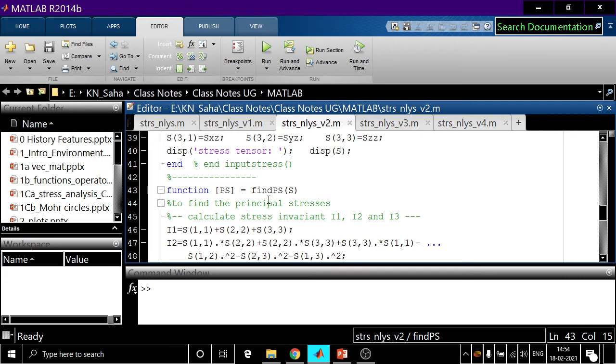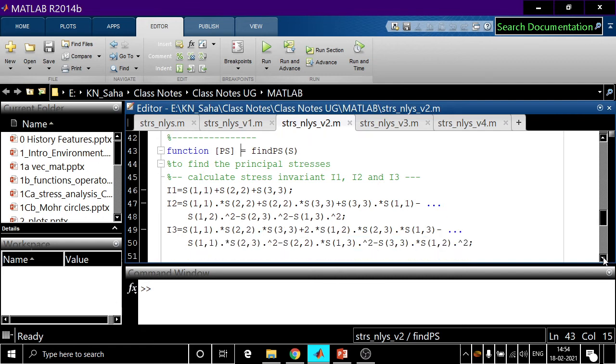Now, to calculate principal stress, first is the calculation of I1, I2 and I3. I am not going back into the theory part once again, but this is what we have discussed.